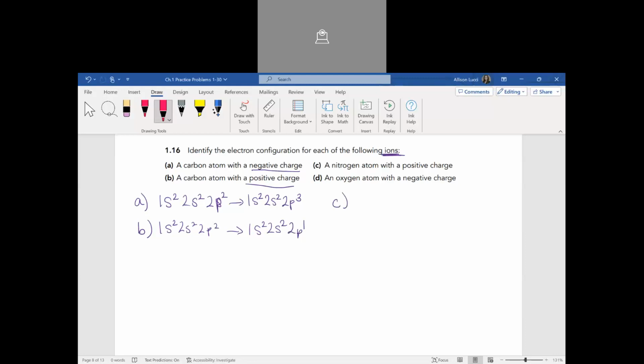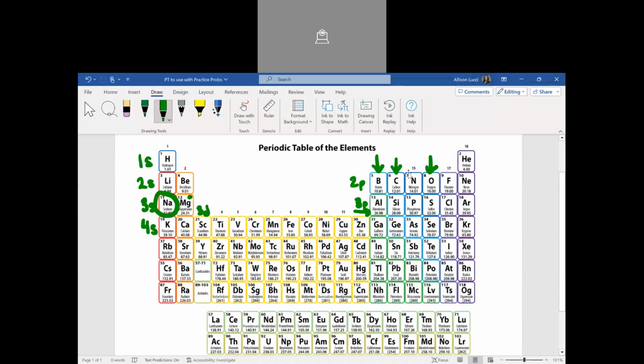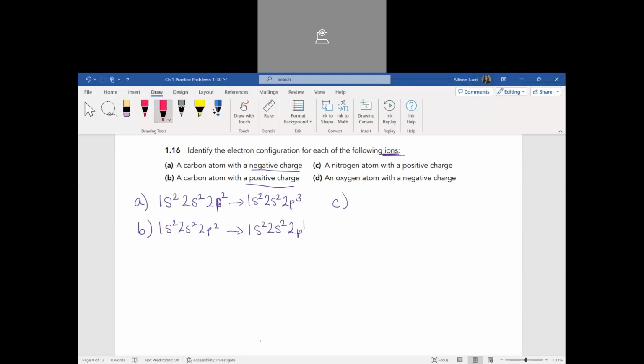So let's take a look at the periodic table. We'll check out nitrogen and oxygen. Nitrogen has 7 electrons, oxygen has 8. Let's use that information to figure out the electron configuration of our nitrogen with a positive charge.